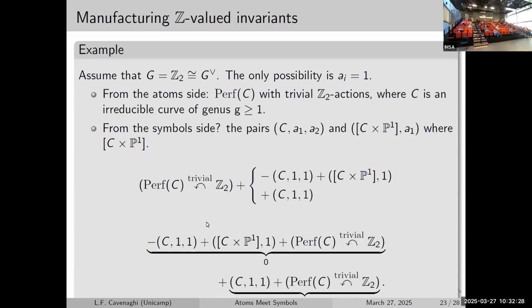Right? Now, from the symbol side, you take the pairs consisting of the isomorphism type of the curve, if possible with characters, and for the surface, the birational type of C cross P1 and a possible character. Now, the main point is that one of our relations is precisely this: the perfect complex with trivial action. Then you subtract the curve with character 1, 1, because we will only have this possibility, 1 as a character. And this term from the surface.